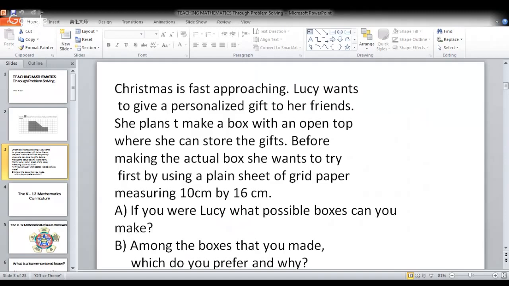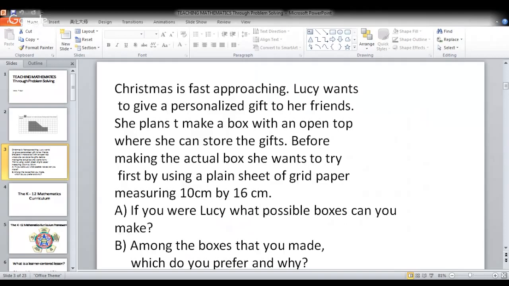And can I give this problem in our classroom? And I want to see how many possible boxes could be made out of 10 centimeter by 16 centimeter. I'll give you a hint. I use this problem.